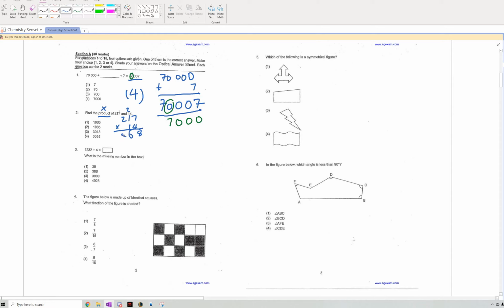Once we are done with the ones place, we should add an addition sign over here, followed by a 0 in the ones place. Then we continue multiplying 217 with the tens place over here. So we have 7 times 1, which is 7, 1 times 1, which is 1, 2 times 1, which is 2.